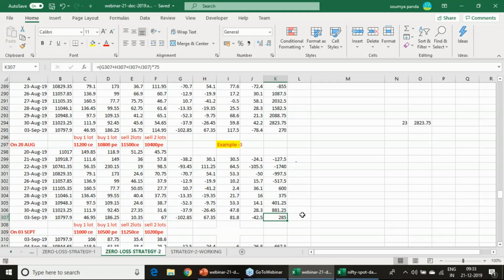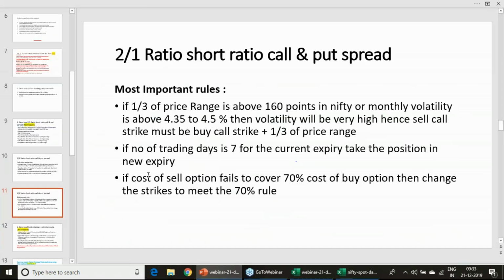So the conclusion is, the rules made for this are very simple, and you must follow them. Most important rules: number one, the cost of selling should recover 70% of the cost of buying.